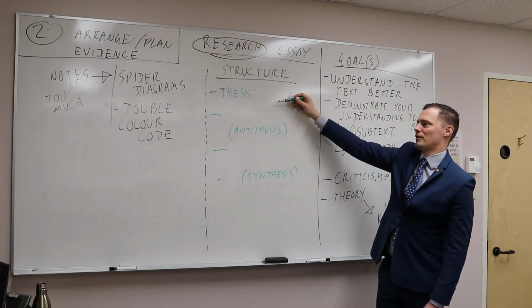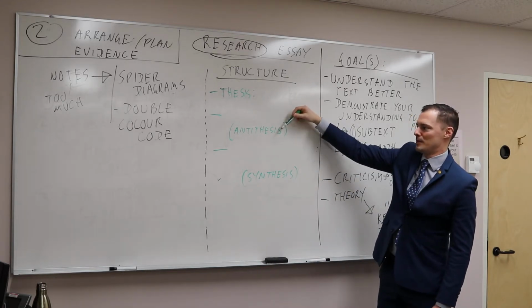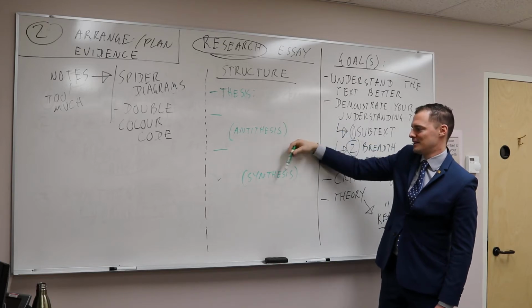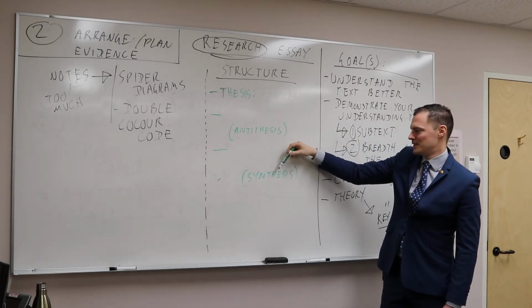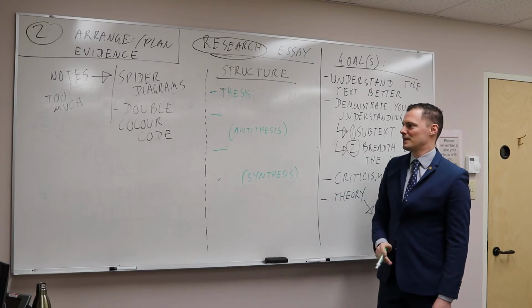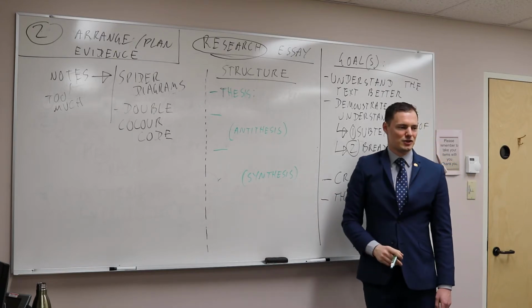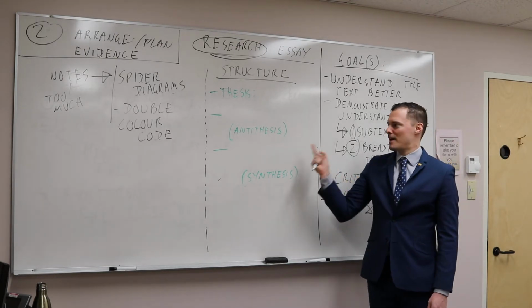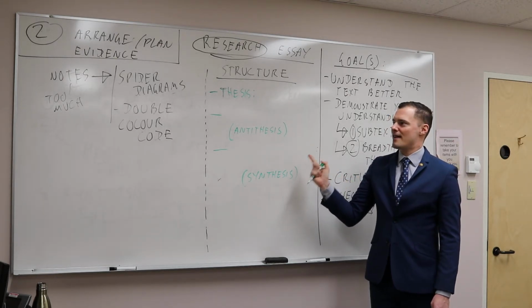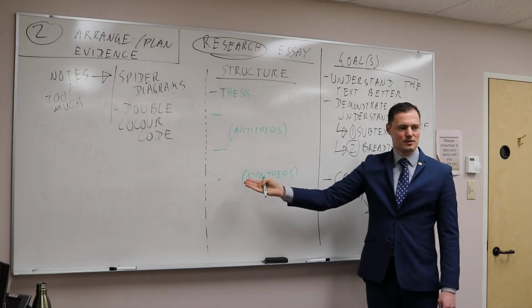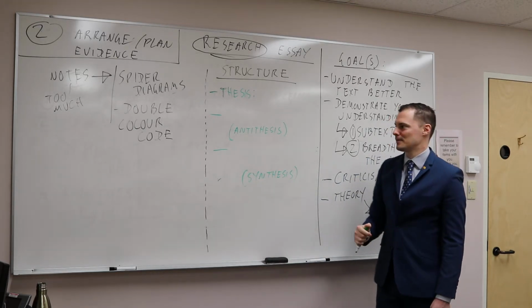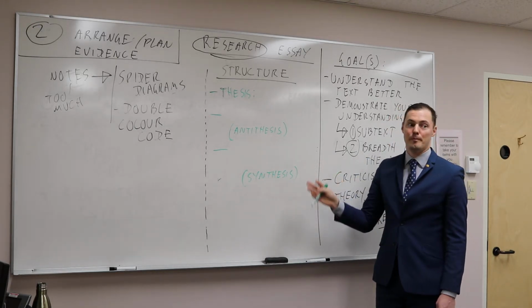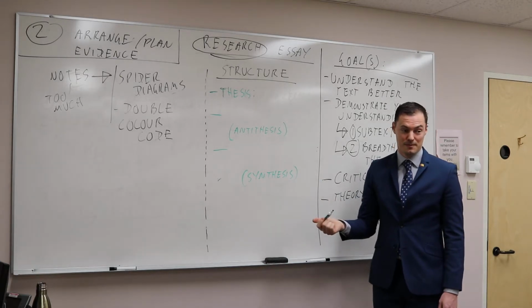Here's your first body paragraph, thesis, second body paragraph, antithesis, third body paragraph, synthesis, and then you do your conclusion. Again, I'm not suggesting you actually do this, but this is an example of how each paragraph doesn't just have a role of elucidating evidence that contributes to the discussion of your argument. Each paragraph builds your argument in some way.